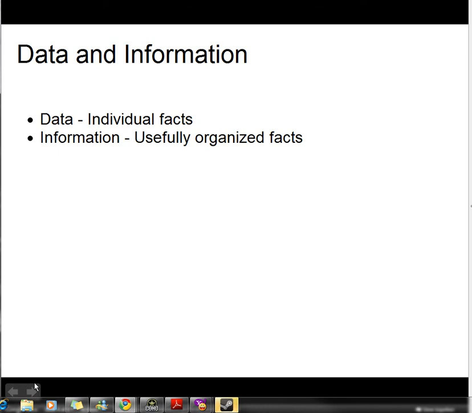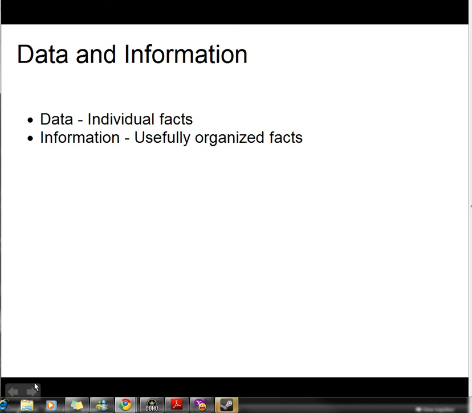However, from the college's point of view, do we need to know what kind of pizza you like or what type of shoe you wear or what color hair you have? We want to know how to reach you. We want to know your GPA. We want to know what classes you're taking. We want to know your address. So us taking just the things that we need then becomes information.